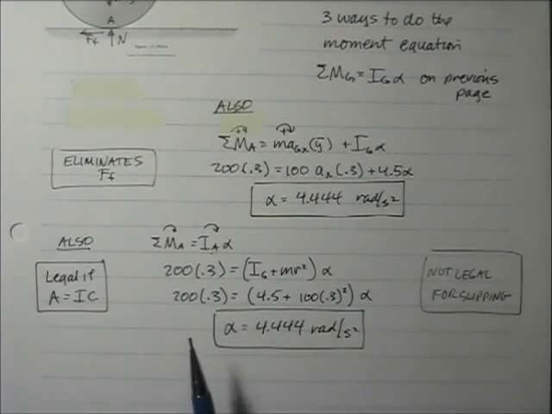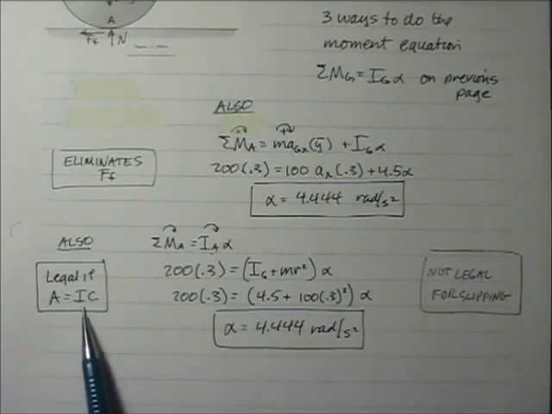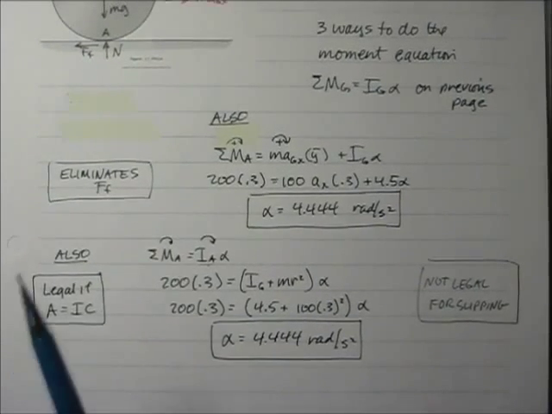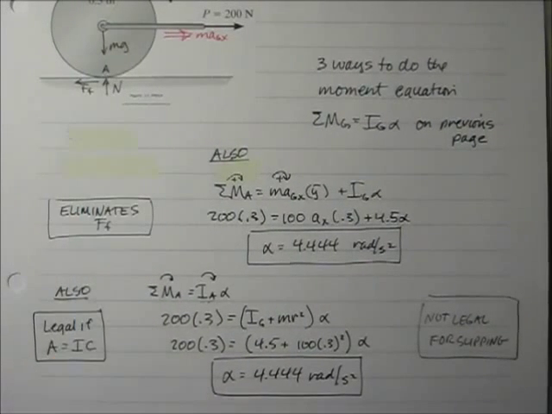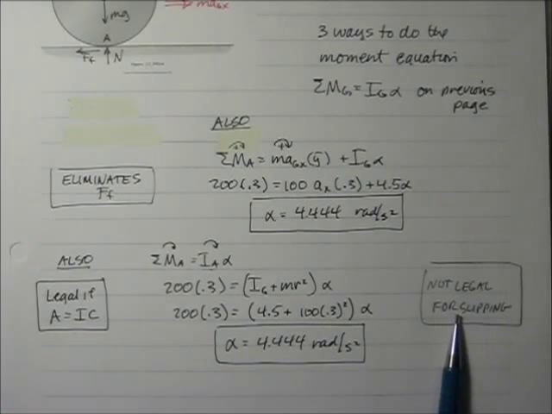Now a takeaway here is that using the instantaneous center, or the parallel axis theorem, only works, and is only legal, if A is an IC. And recall from our work before, where A doesn't slip, it is an instantaneous center. So it works if A is an IC, but it's not legal for any slipping condition.